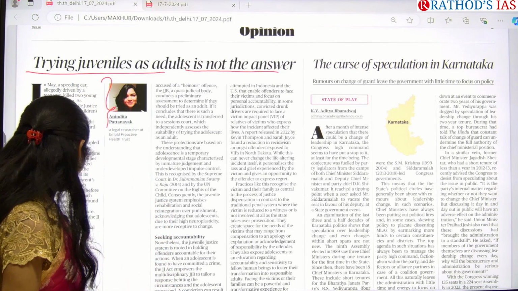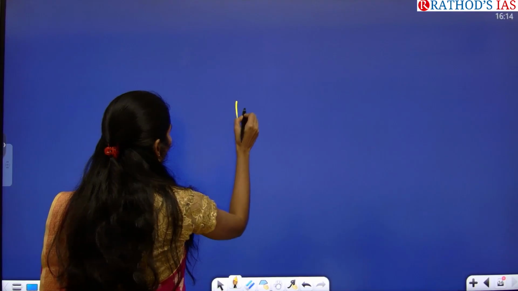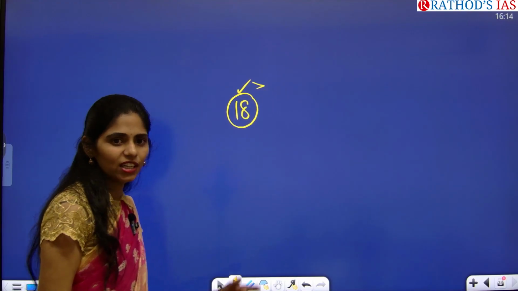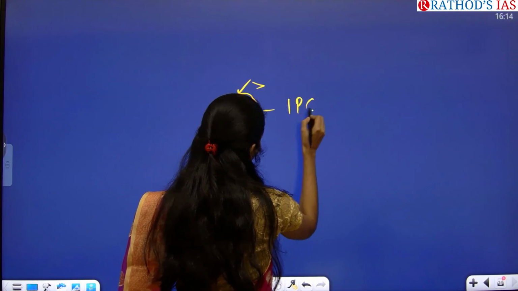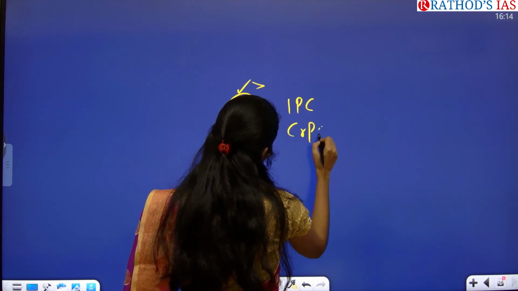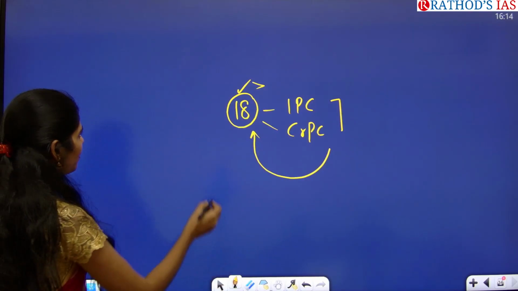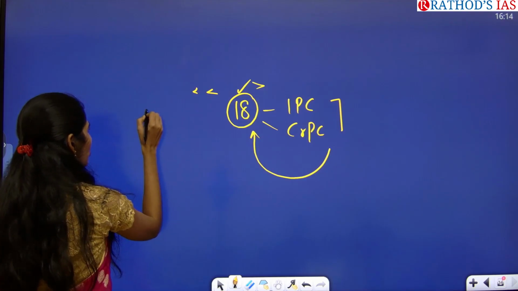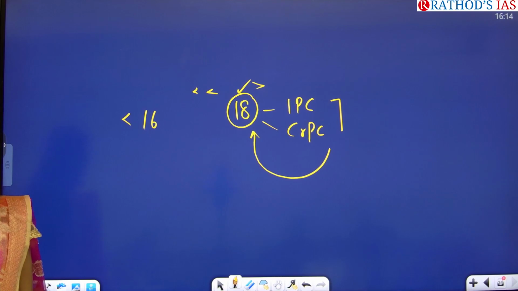Juvenile jails. Okay, now there is a debate going on. If a person above 18 years of age commits a crime, we have the normal IPC, CrPC, everything, and based on that we can give punishment. But if the person who committed the crime is below 18 years, for example even below 16 years of age, what can we do?